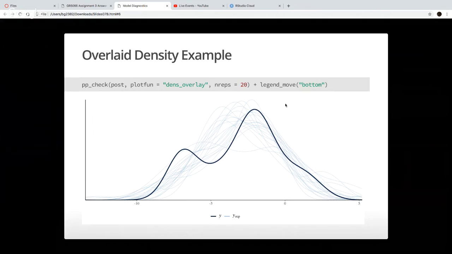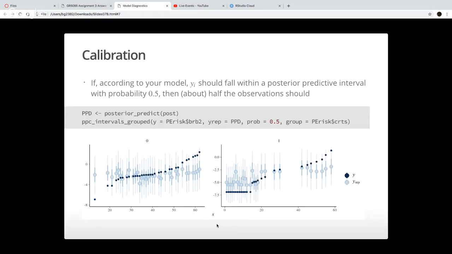So you can do plus and then say stuff about the legend or the color or the theme or the axes. Here I moved the legend, dark blue means data, light blue means predictions, to the bottom of the plot. But anyway, a lot of these things are just calling pp_check with different options for the plot_fun.